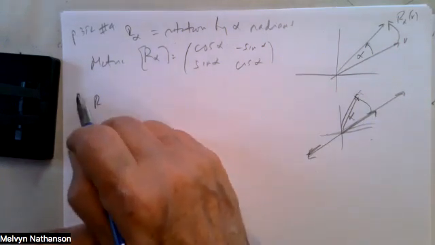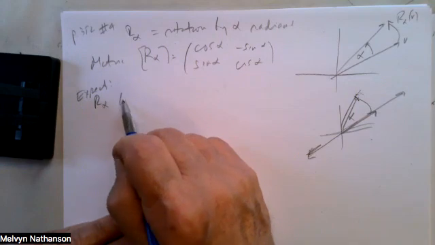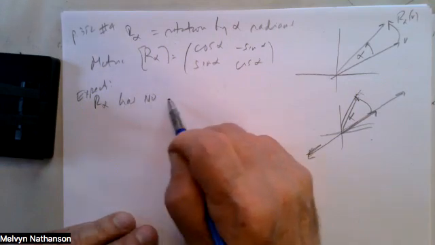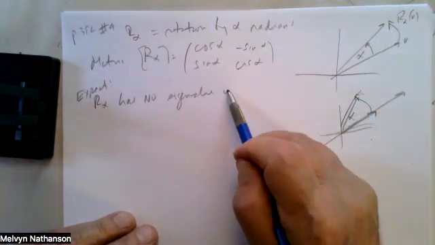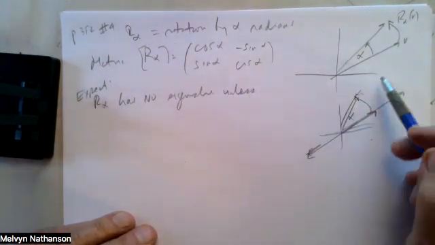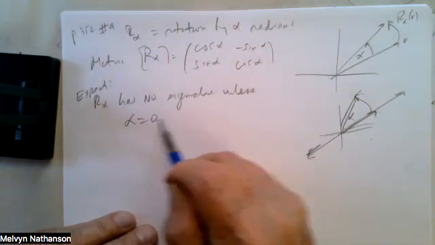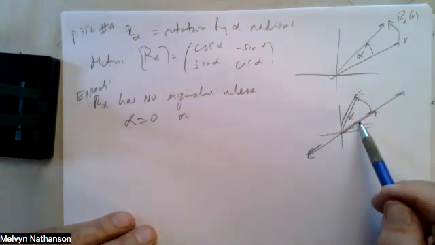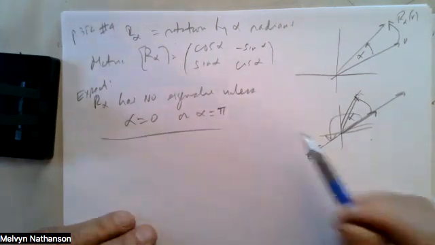So we should expect R alpha has no eigenvalue unless there's either no rotation, alpha equals 0, or it's a rotation by pi radians, alpha equals pi.